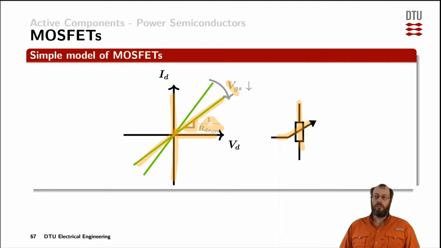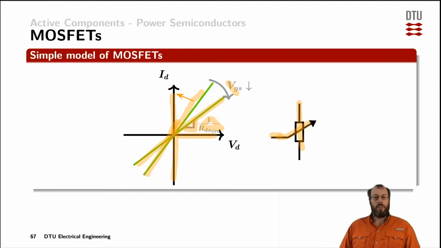The controlling signal for that potentiometer is in that case the gate source voltage, and the higher the gate source voltage, the lower the RDSon, and therefore also the lower losses we would get, because we actually get closer to the y-axis where we ideally want to operate the transistor while it is conducting current.